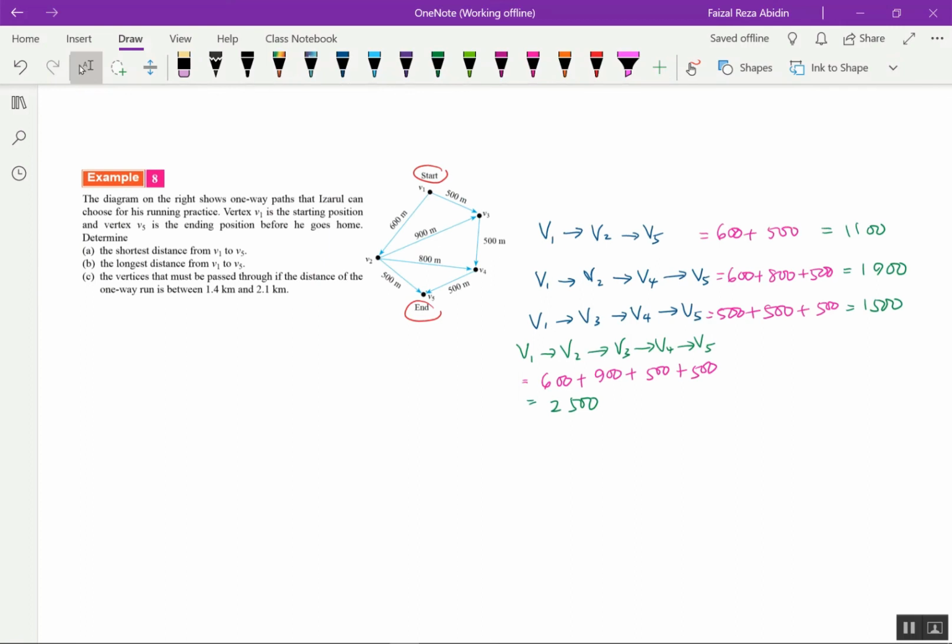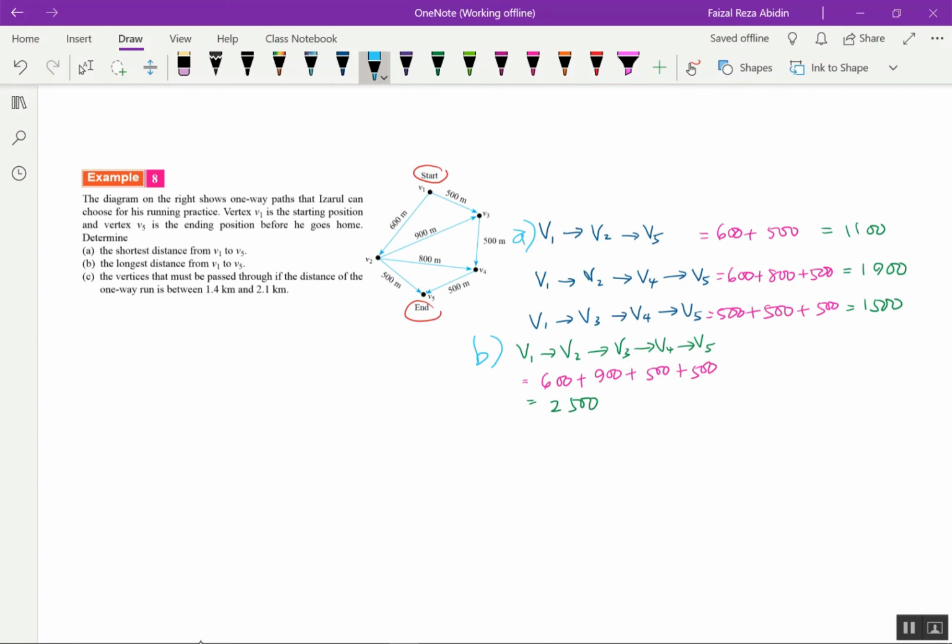Yes, this is the shortest distance. Our answer for A: V1, V2, V5, we get 1100 meters. The longest distance, of course, if you look closely, is this one, B. Am I right? 2500 meters.